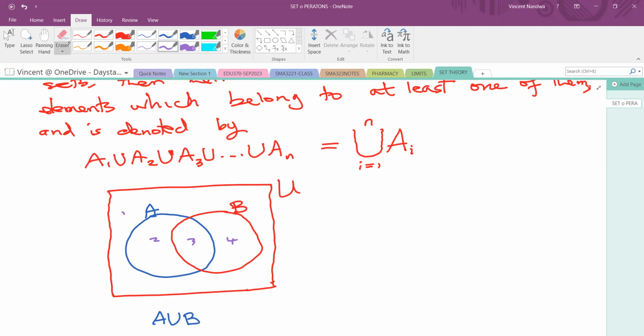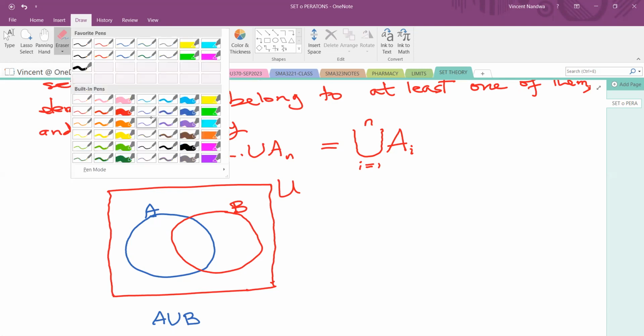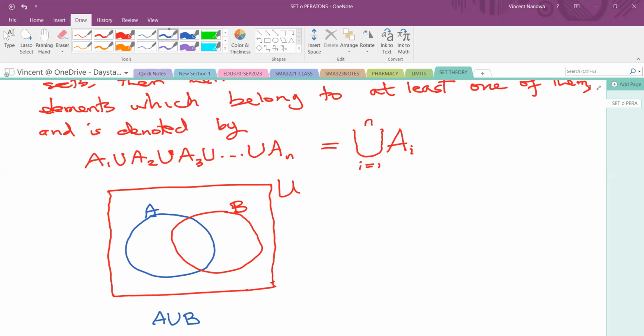So then to show the set A union B in this diagram simply means that we shade every region within the blue and the red circle.